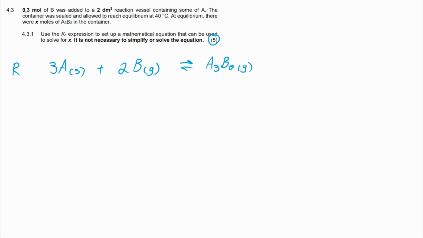Okay, so that's part of our reaction. Now we say initial, and we can do a RICE table on a mole basis or concentration basis. I'm just going to do a mole basis, because they give me this in moles, so I'm going to do it in moles.